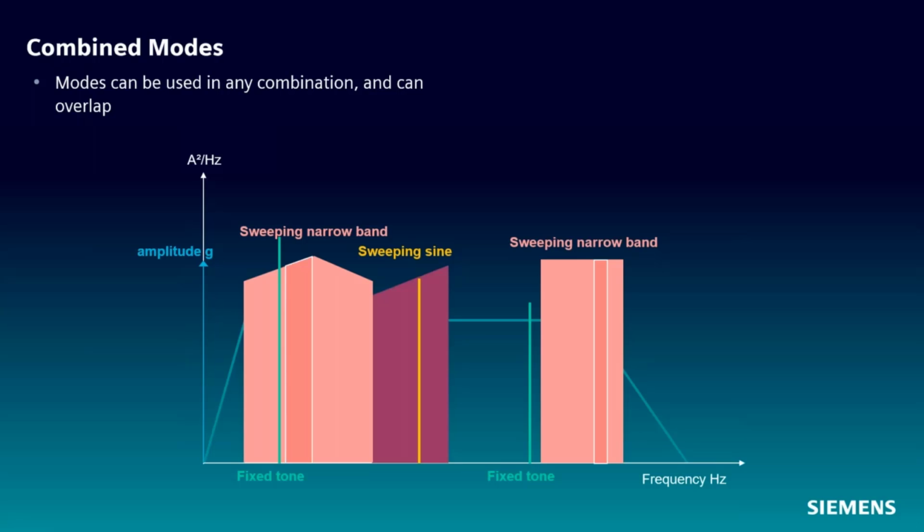There are some caveats that you should be aware of when doing combined mode tests. One of the big things is any of these narrow bands or tones that you describe, the amplitude should be at least 10 dB higher than the baseband random for good control.